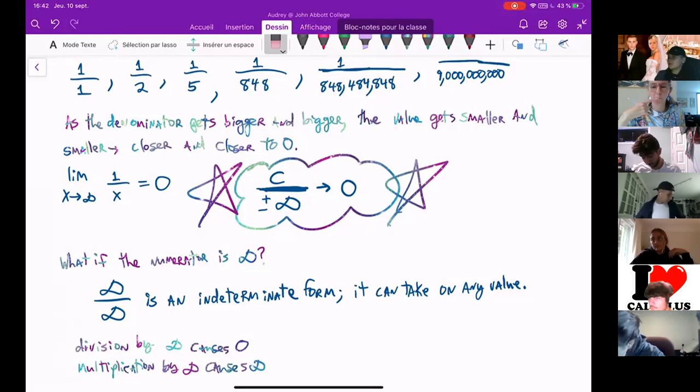Why not? I'm not really sure, but what we've been taught is it just doesn't exist. What are the values that a constant over 0 can take on? So if I get 5 over 0, what are the options for what that could be?